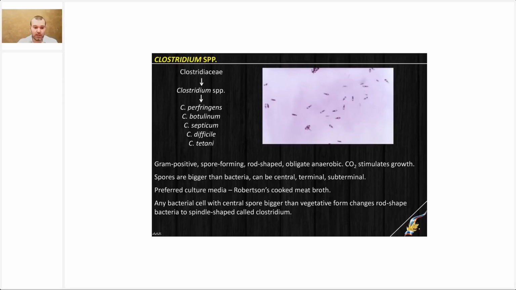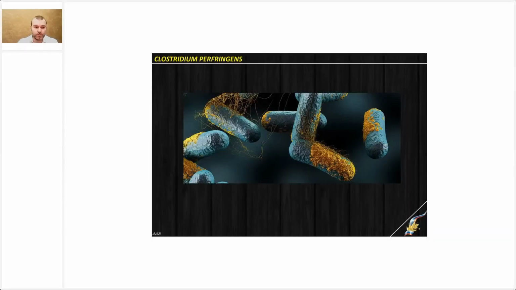So any rod-shaped bacteria with a spore larger than the vegetative form can be named a Clostridium shape. And usually it is described as a spindle shape or drumstick shape. Different species are described in different ways according to the location of the spore.